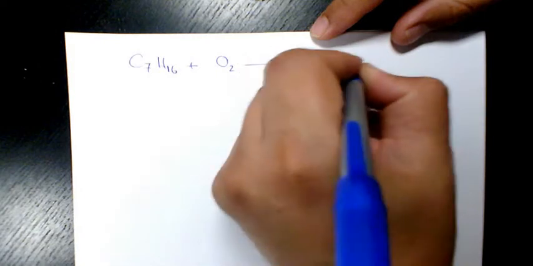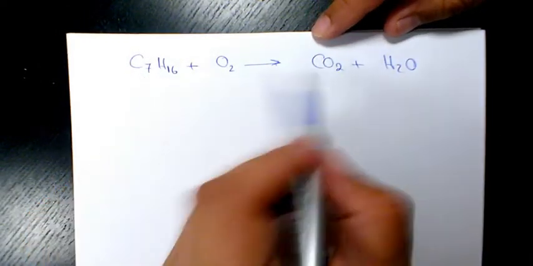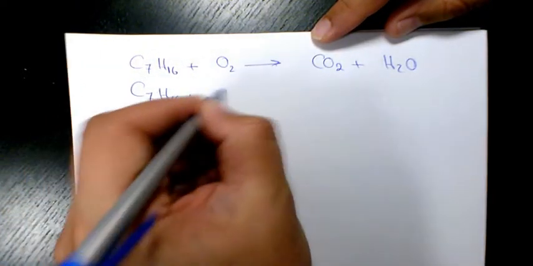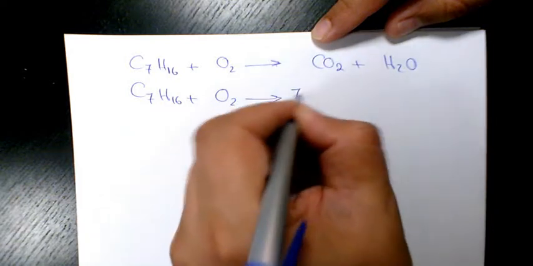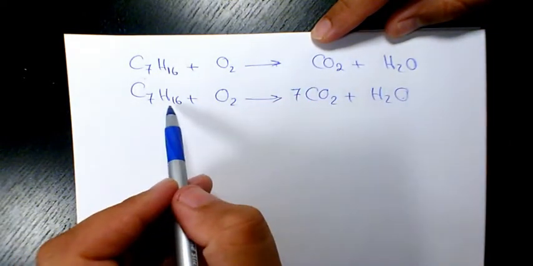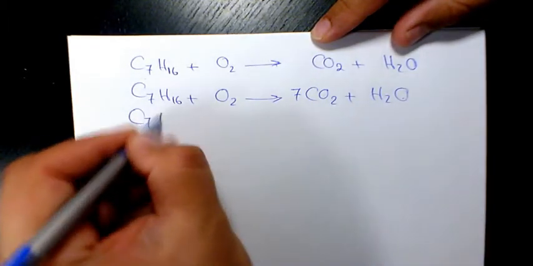Next one is C7H16 plus O2 is going to give us CO2 plus H2O. So we have 7 carbon in here. We need to have 7 CO2. What about hydrogen? We have 16. 16 divided by 2, I need to place 8 there.